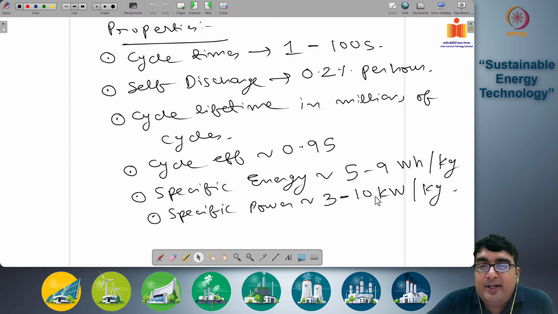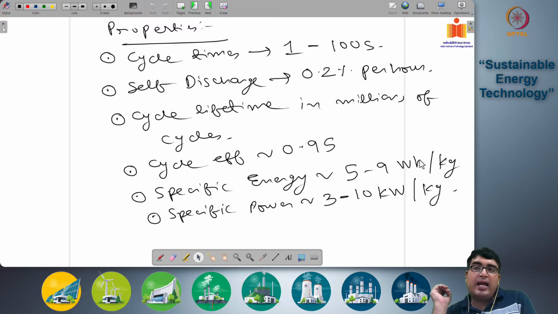The specific energy is 5 to 9 watt-hour per kg. So as we discussed, it has a high specific energy, 5 to 9 watt-hour per kg: how much energy it is storing per kg of the capacitor material. And your specific power is very large. As we discussed, capacitors in general can transmit and absorb electricity at very high rates. So the power transmission and power absorption rates are quite high. So the specific power is 3 to 10 kilowatts per kg.